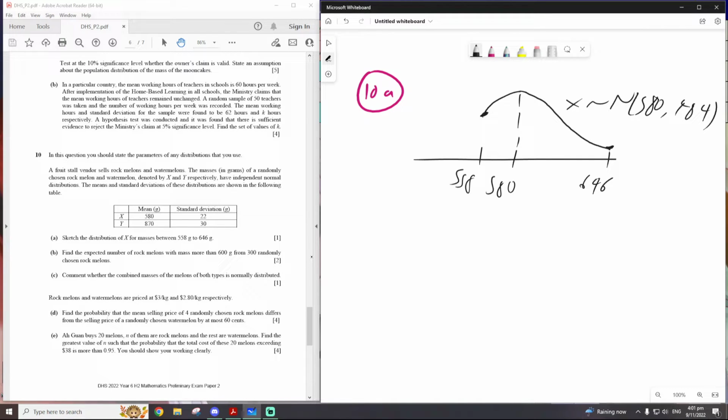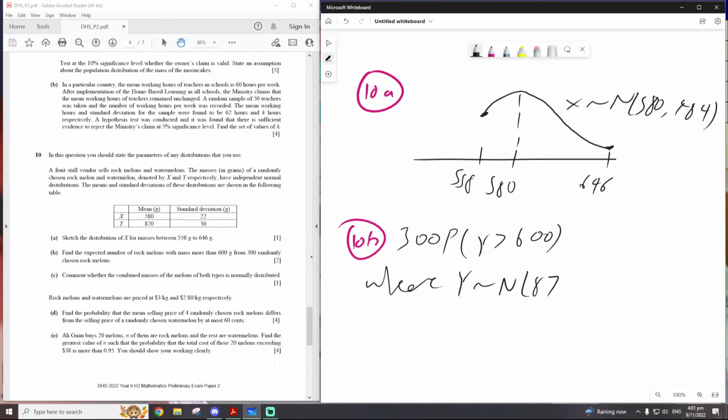So that will just be 300 times P(Y greater than 600), right? Where Y is normal, 870. Actually no, it's X, sorry.